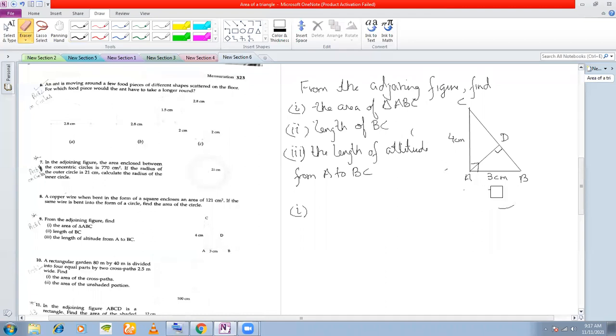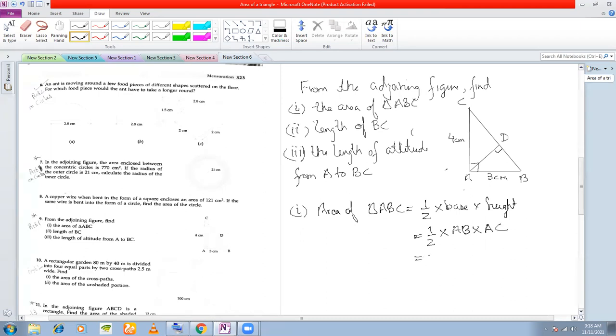So let's write the area of this triangle. Area of triangle ABC is equal to, write the formula first, half into base into height, which is equal to half into base here is AB and height I have taken as AC.